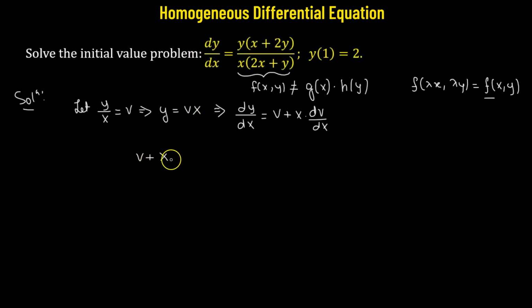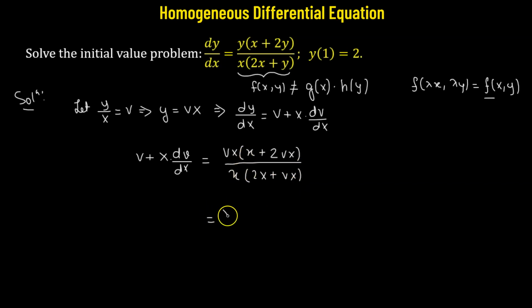Now we can rewrite our differential equation as, instead of dy over dx, we have v plus x times dv over dx equals, here we have y, so y will be replaced with v times x, multiplied by x plus 2y, so 2y will be 2 times vx, divided by x multiplied by 2x plus y, so y here is v times x.